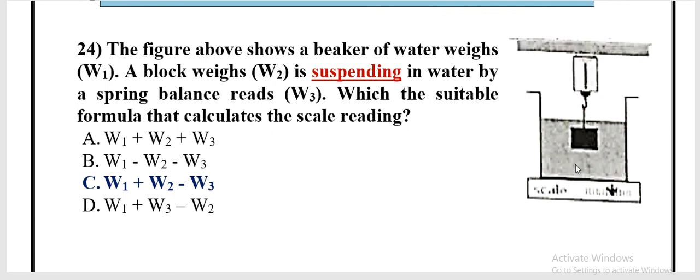So it will be the weight of the container, W1, plus the weight of the object immersed in water, which is equal to the real value minus its weight in the water. So it will equal W1 plus W2 minus W3.